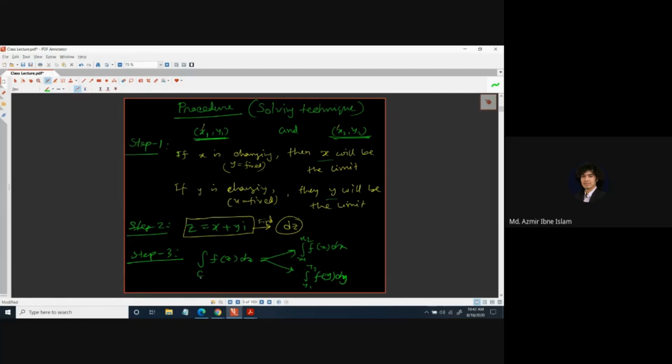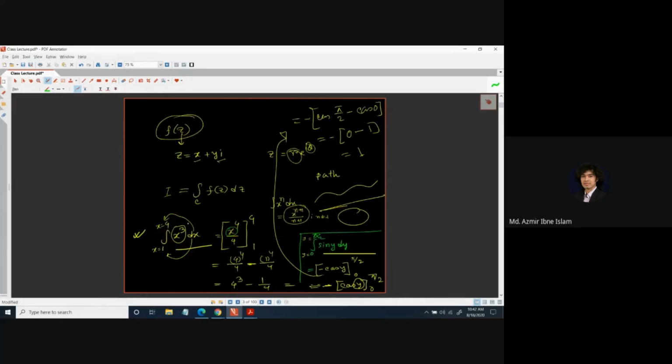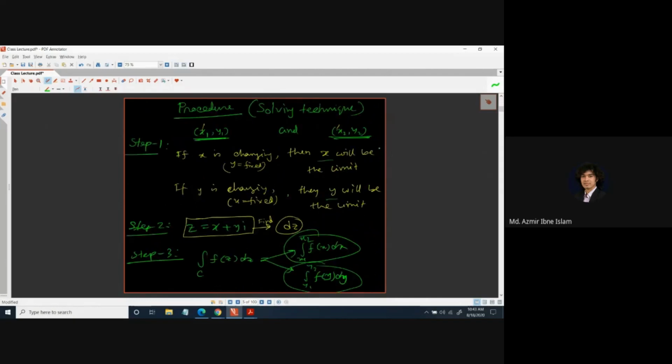That means from this complex integral, you will get two forms. If x is the limit, then you will get this one. If y is the limit, you will get this one. And you know how to solve this. If we have integration from x equal to 1 to x equal to 4 of x cubed dx, you can easily find this. Or if you have a function of y and you are integrating with respect to y, you can easily find the result. So this is how we can solve any complex integral.